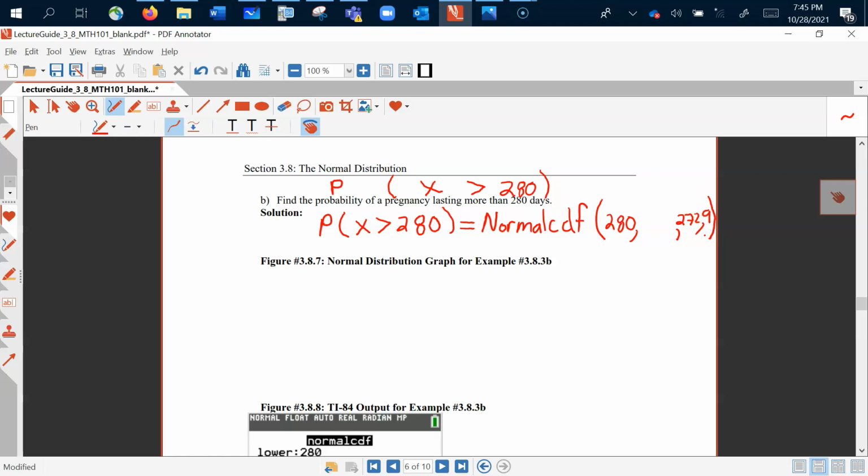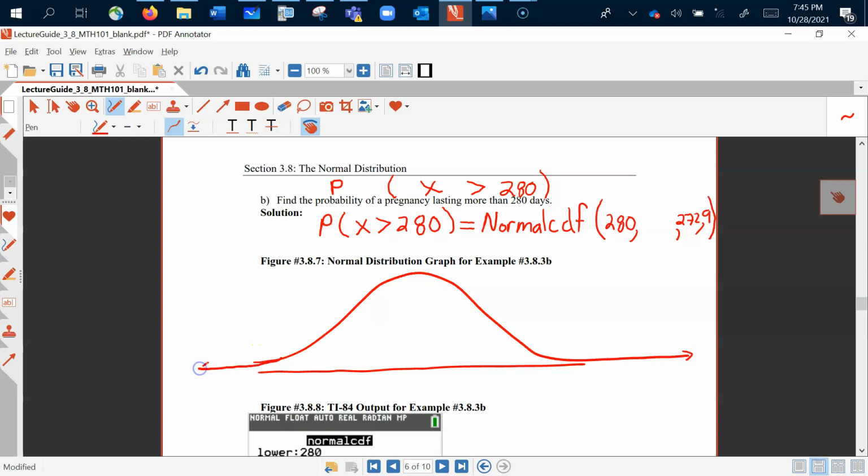All right, so I'm going to draw a picture here. Now again, you'll have to bear with me because this is your math professor's attempt at art. So there's going to be my normal distribution. And notice it goes off forever to the left and to the right. At the middle is the population mean, and that was 272 days.